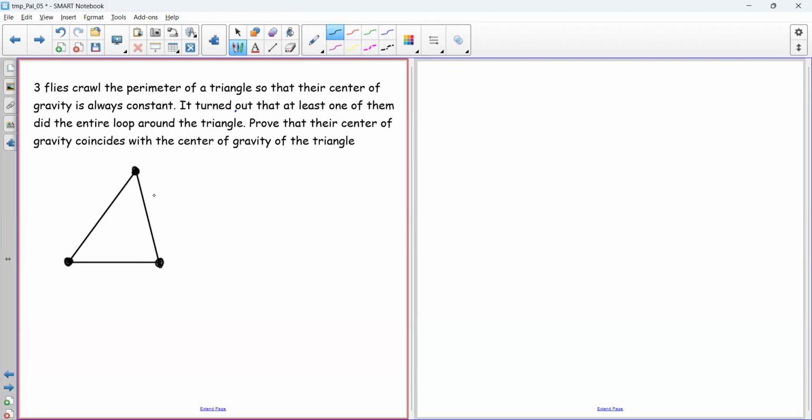So for understanding this task, we may imagine just pointed weights or even just small balls of the same mass, which are placed at these vertices. And then we consider their gravity center.